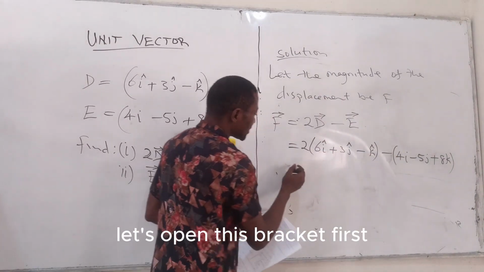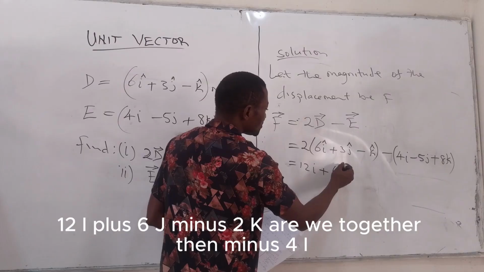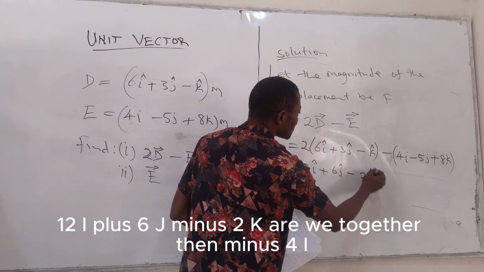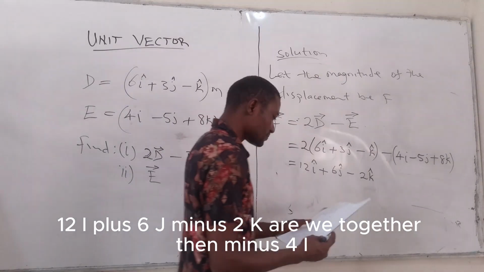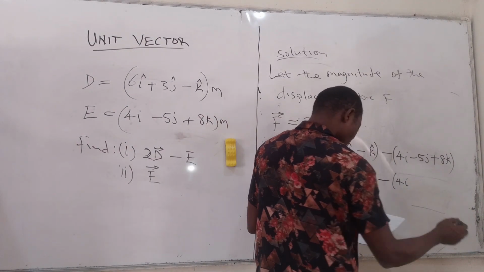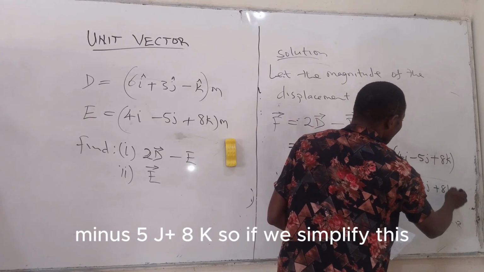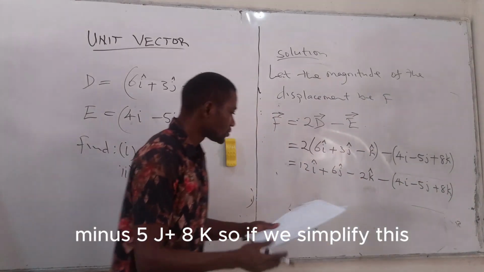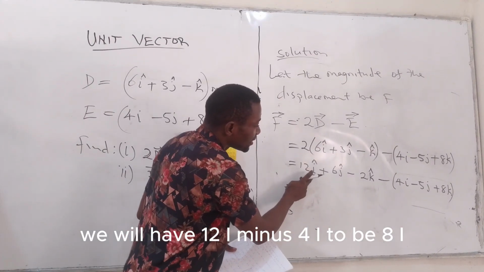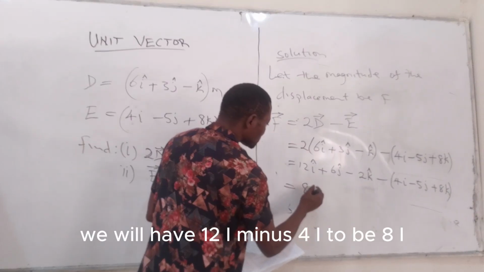Okay, let's open this bracket first. 12i plus 6j minus 2k. Are we together? Then minus 4i minus 5j plus 8k. So if we simplify this, we will have 12i minus 4i, it will be 8i.